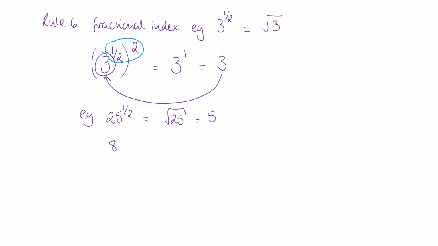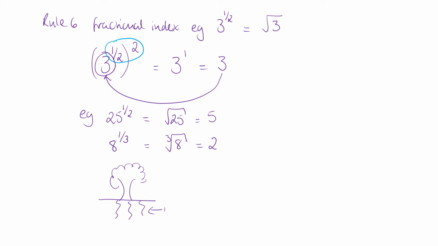If I have 8 to the third, notice it's now a 3 on the bottom. So it's not the square root, it is the cube root of 8. And the cube root of 8 is actually 2. So I like to draw a little picture of a tree and then think, where do the roots of the tree belong?